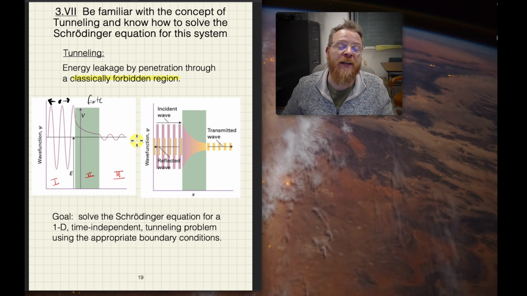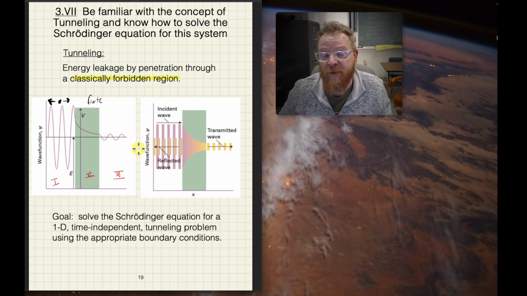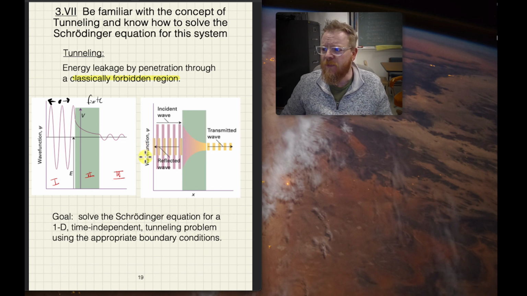In reality, we've got some more complicated stuff going on. So for example, in region 1, we would have an incident wave and also a reflected wave off the barrier. So some of the particles might bounce right back off. Inside the barrier, we've got this thing that's analogous to classical dampening.